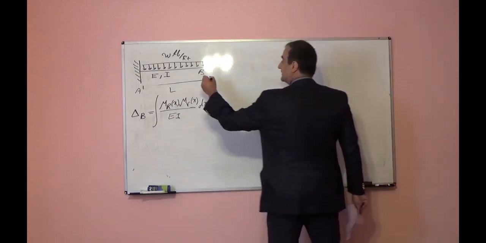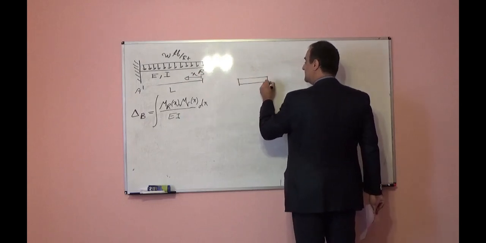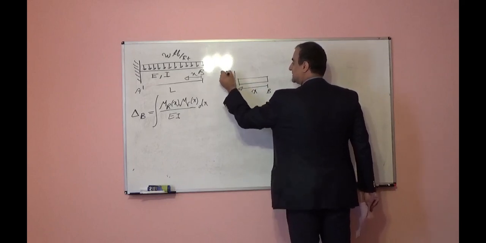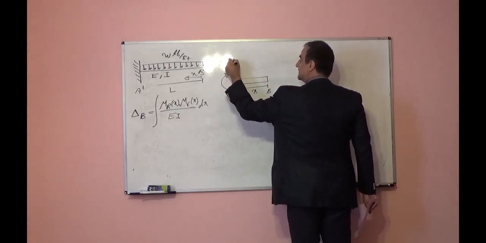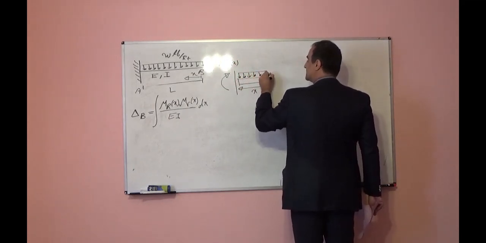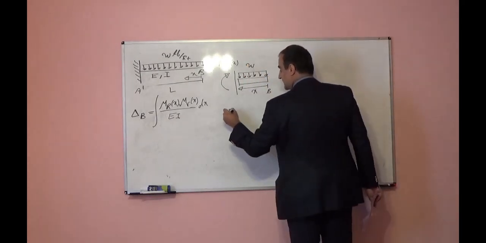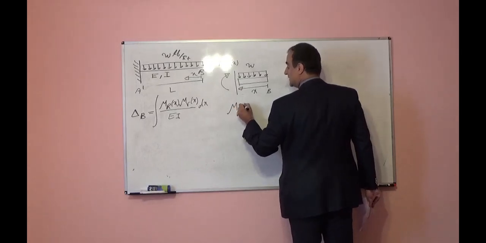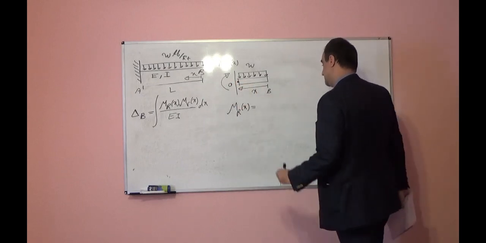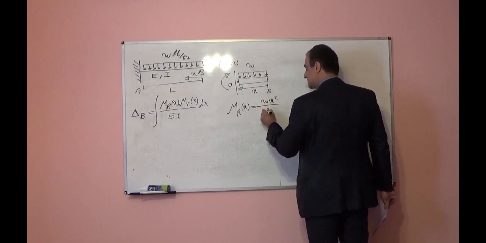Now here, if I cut at distance x in the real beam, where the distance from point B is x, I cut it here, m_real(x). The beam is subjected to a uniform distributed load, the intensity of the load is lowercase w. So what will be m_r(x)? If I take moment with respect to the cut point, point O, that will be minus w x squared over 2.